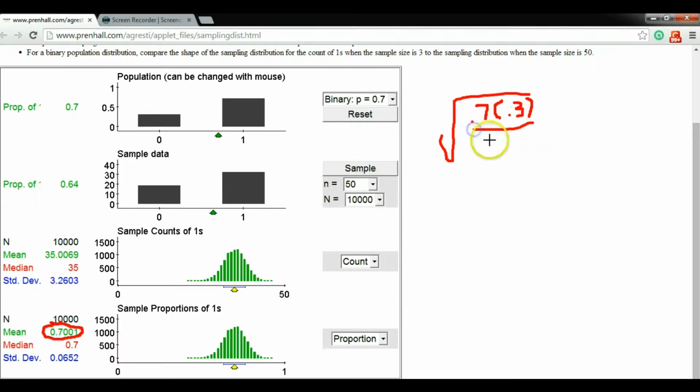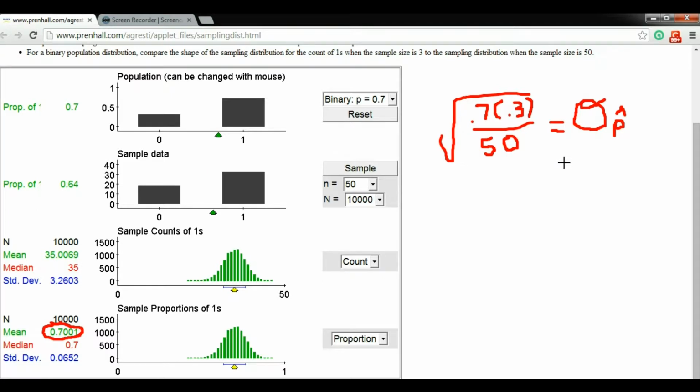So the square root of pq over n. And what does that equal? Well, that equals the standard deviation, not the standard error, the standard deviation of our sample distribution of p hat.